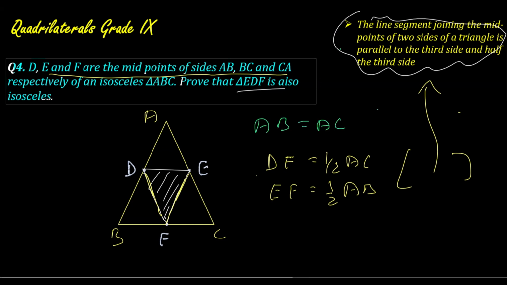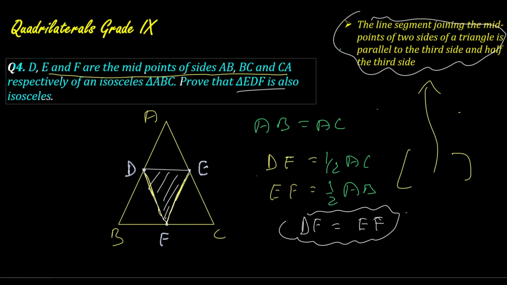That implies that half AB is equal to half AC. So if these two are equal, that means we'll have DF equal to EF. Now check what we did. I have proved two sides of this triangle equal, therefore it's an isosceles triangle. Therefore, DEF is an isosceles triangle.